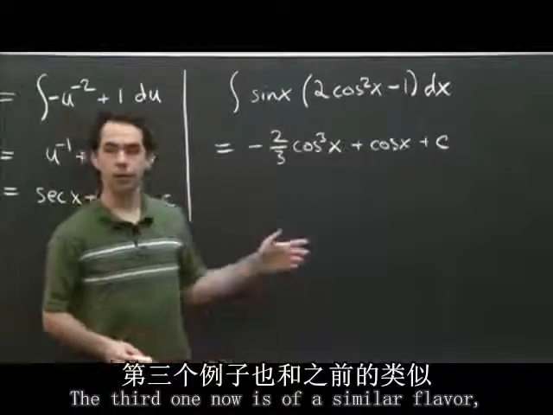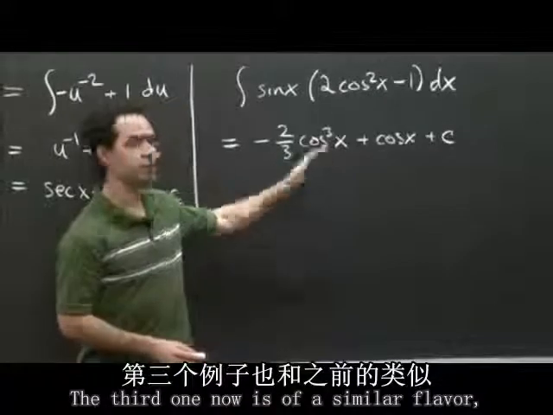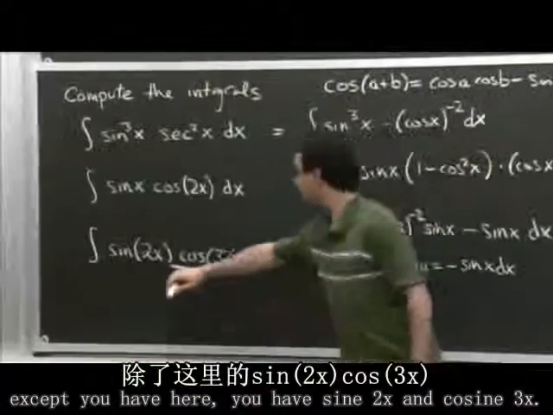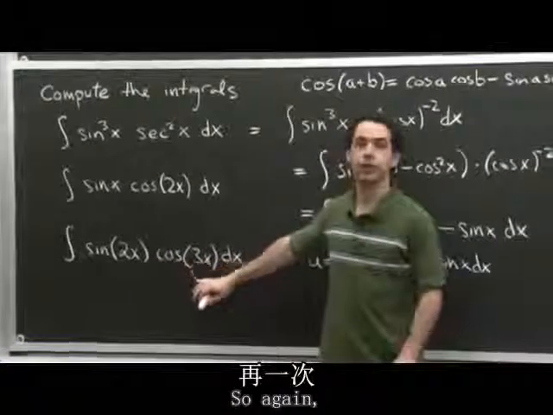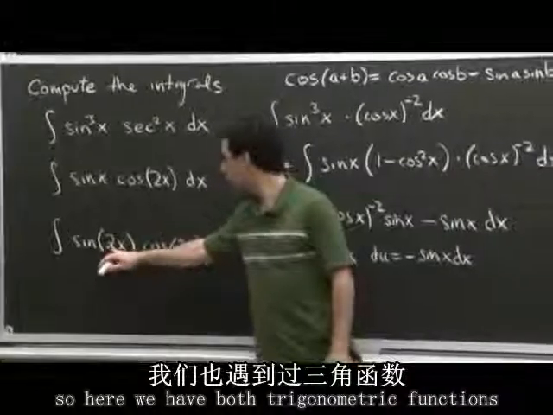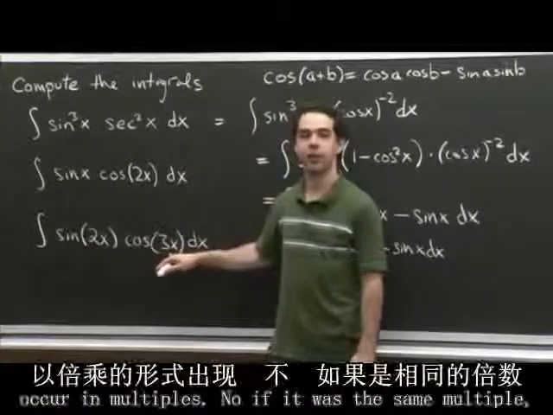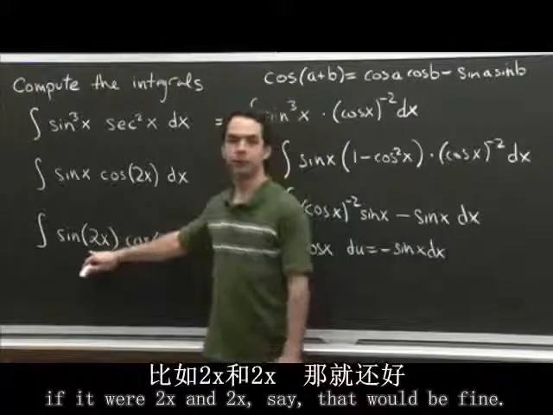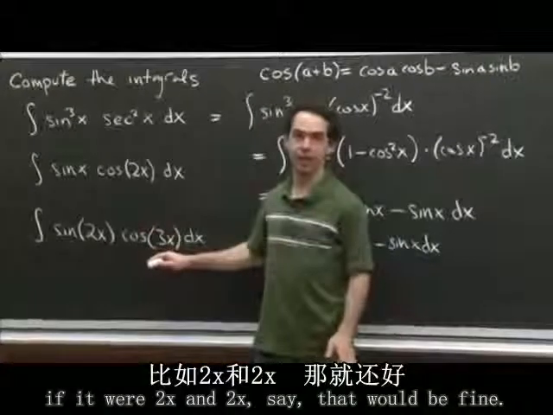The third one is of a similar flavor, except you have sine 2x and cosine 3x. When you want to integrate something where both trigonometric functions occur in multiples, if it were the same multiple, say 2x and 2x, that would be fine.